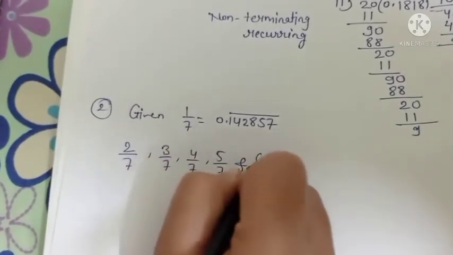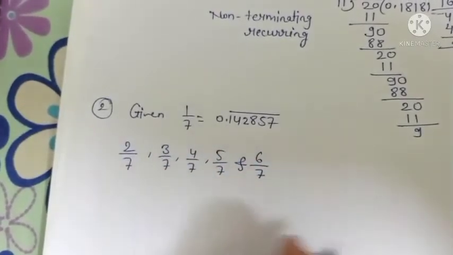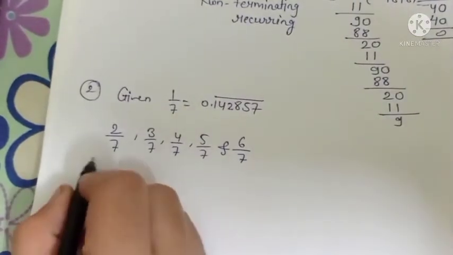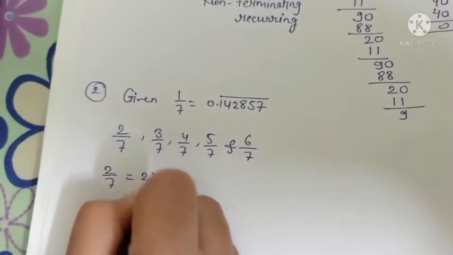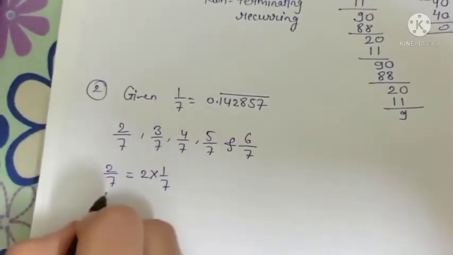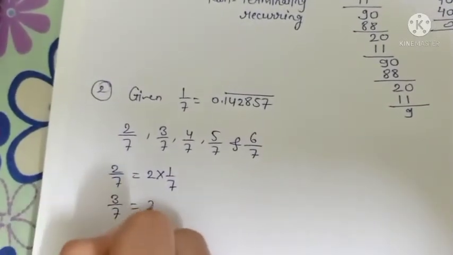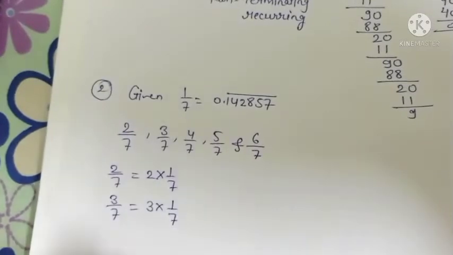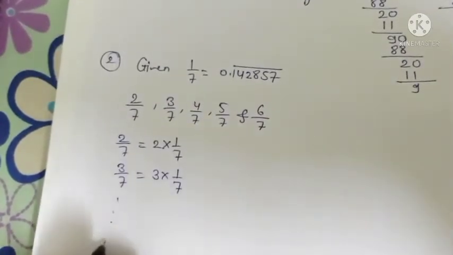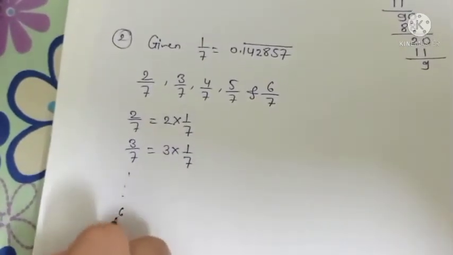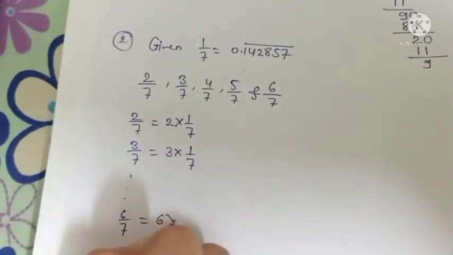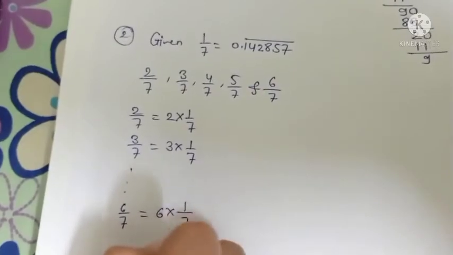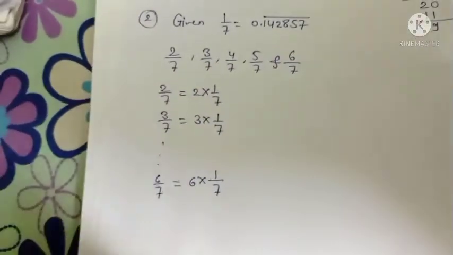And we know that we can write 2 upon 7 as 2 into 1 upon 7, and 3 upon 7 as 3 into 1 upon 7. Similarly, 4 upon 7, 5 upon 7 and 6 upon 7 we can write as multiples of 1 upon 7.